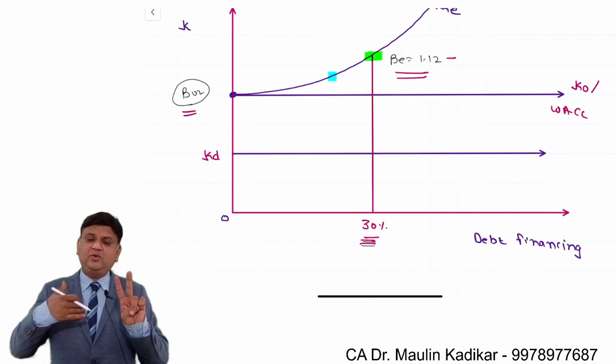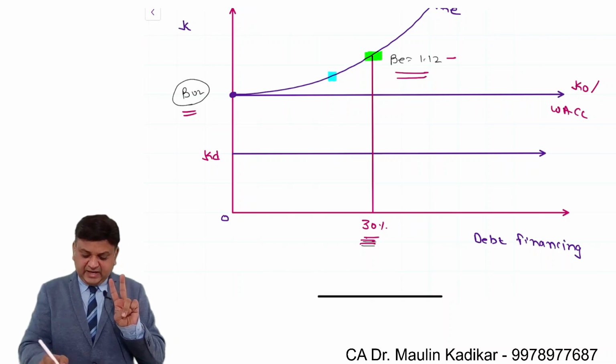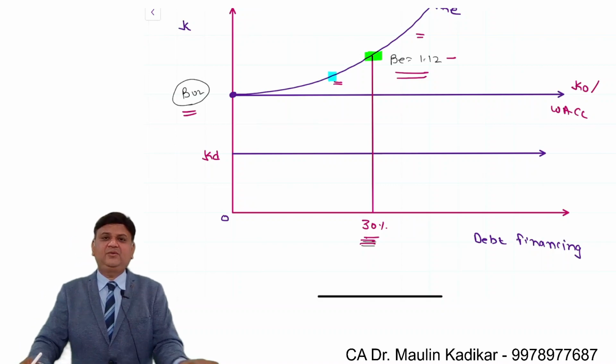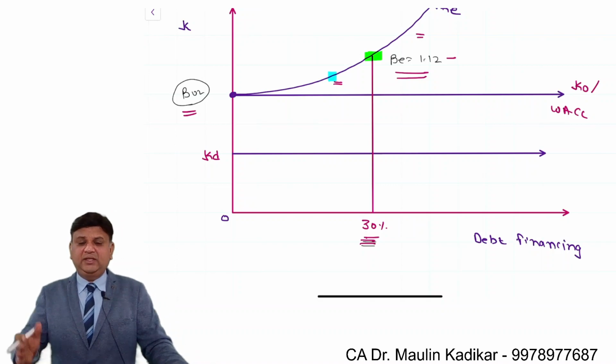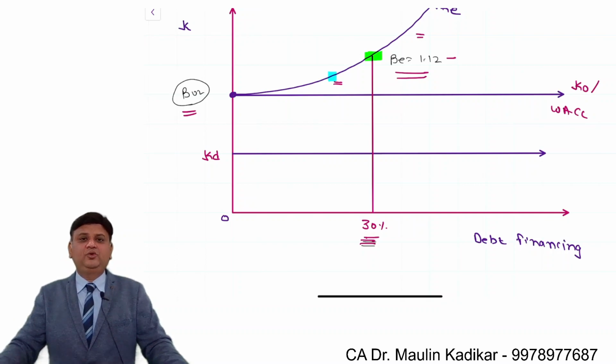Second, taking into account the capital structure that you are going to maintain, we will make the calculation of the beta of the levered equity once again. And then we'll make the calculation of the discounting rate, that is cost of equity, cost of debt, weighted average cost of capital. That is what we are required to do in the third step. These are the three steps in which we have to do the answer.